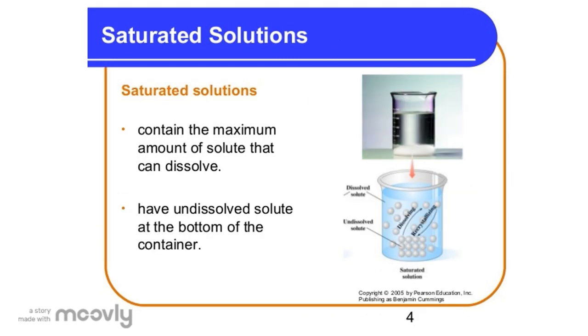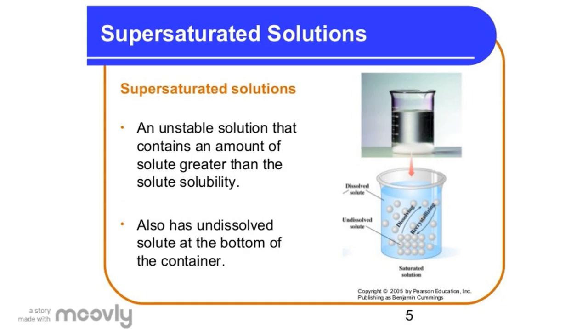Saturated solution is a solution with solute that dissolves until it is unable to dissolve anymore, leaving the undissolved substances at the bottom. Meanwhile, supersaturated solution is a solution that contains more undissolved solute than the saturated solution because of its tendency to crystallize and precipitate.